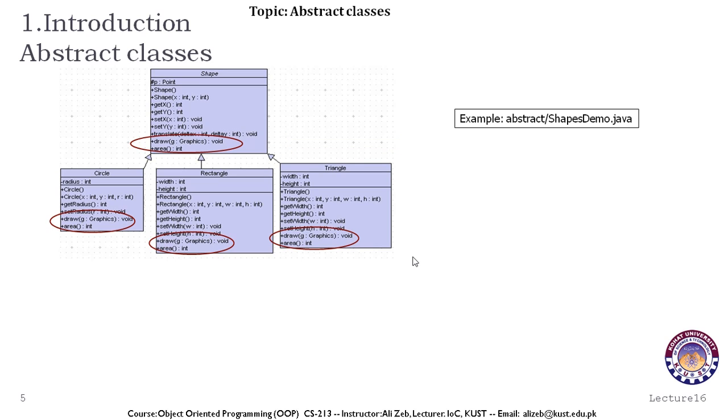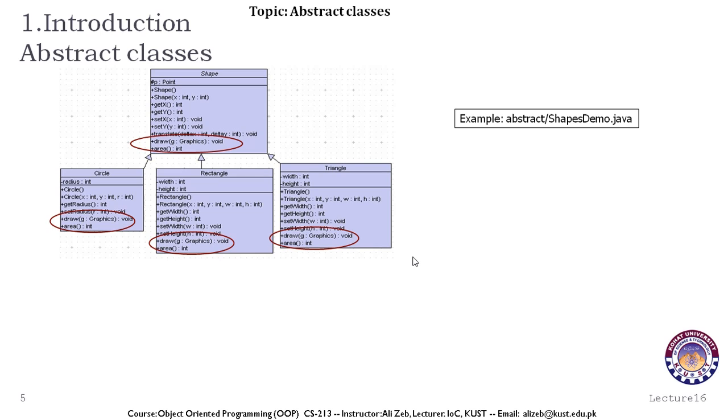Since we are not implementing these methods in the shape class for the reasons we mentioned in the previous slide, that we cannot possibly draw a shape when we do not know what shape we are drawing, or we cannot possibly calculate the area when we do not know what shape we are calculating the area for.